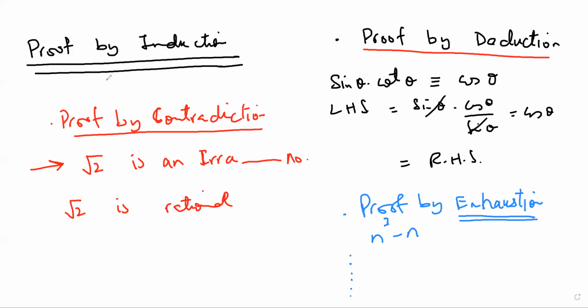Okay, so I'm coming to this proof by induction here. Now, you have briefly seen what these proofs were: how to prove by deduction, by exhaustion, and by contradiction. So we must know how we prove the given statement when we are using proof by induction.